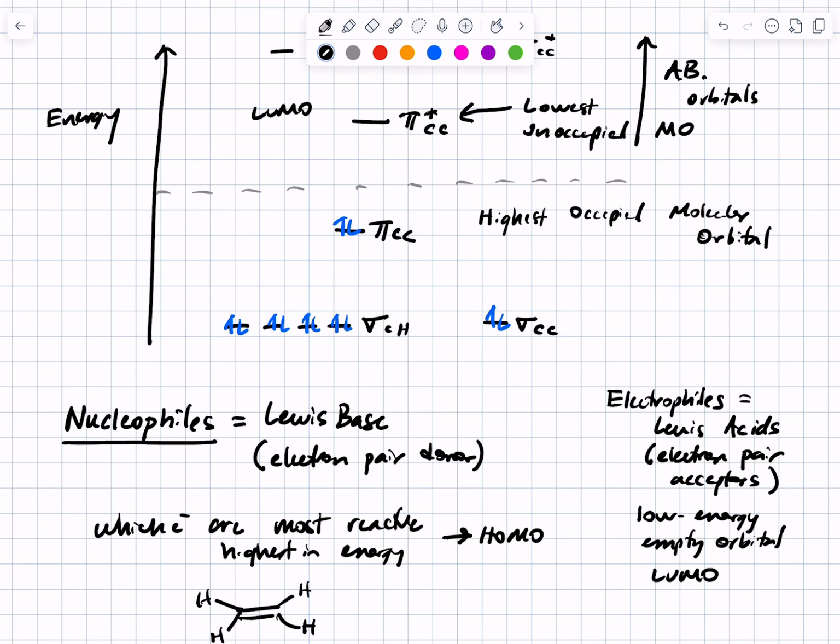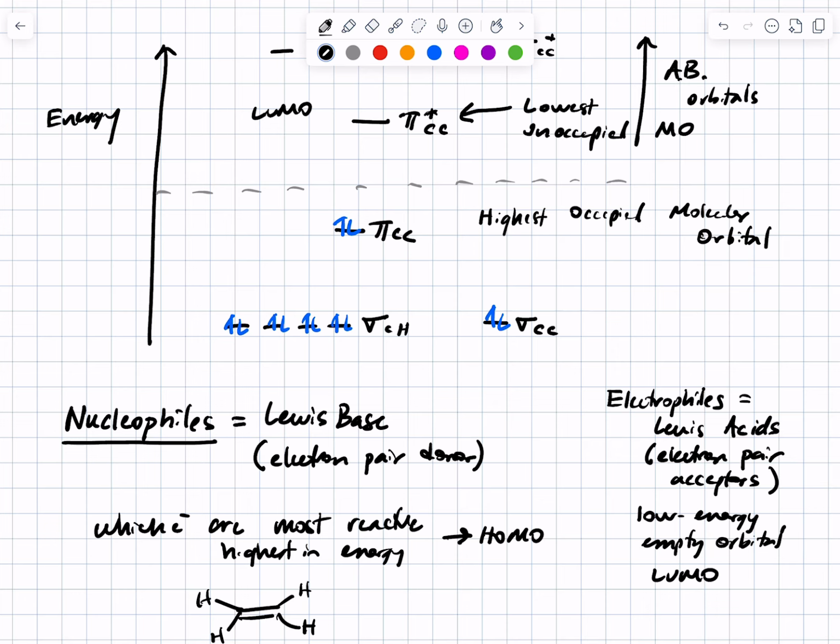Boom, right? The first and great commandment of OChem is nucleophiles attack electrophiles, and the second is like unto it. The HOMO of the nucleophile attacks the LUMO of the electrophile. When HOMO attacks LUMO, you make a new bond, and if that LUMO is an antibonding orbital, you also break an old bond. It's that simple.